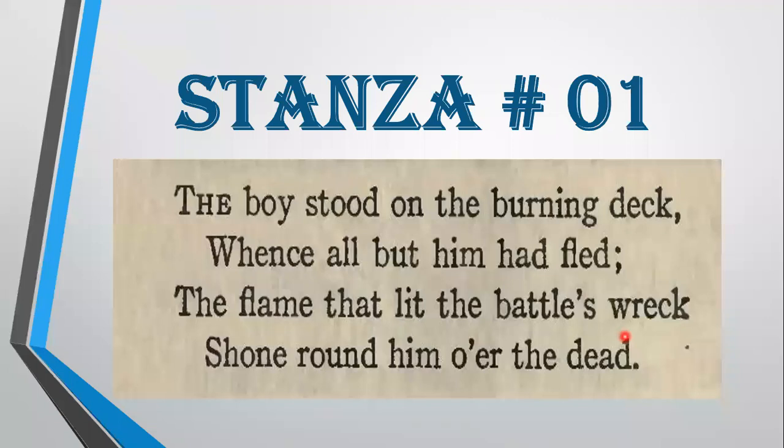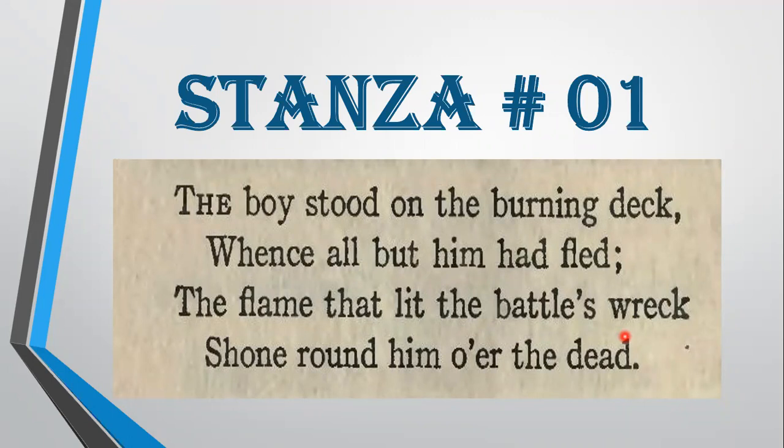As I have told you earlier, this poem Casabianca is all about the bravery, the energy, and the commitment of a boy whose name was Casabianca. He was only 12 years old, and he was participating in a battle.